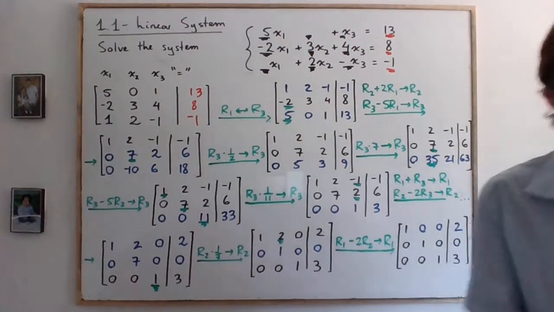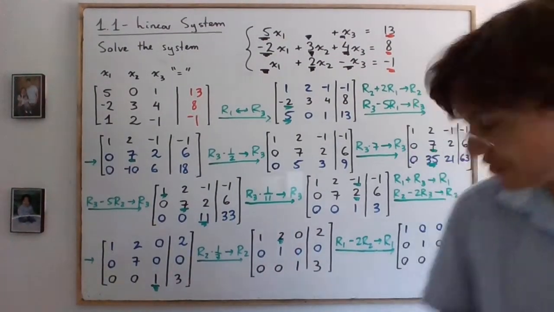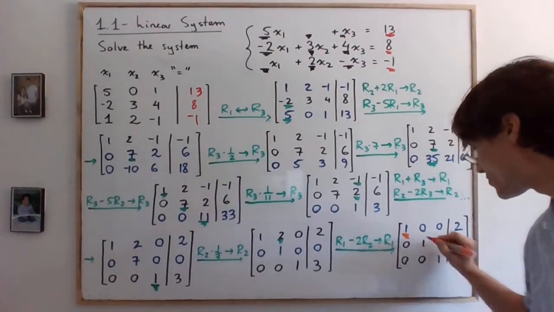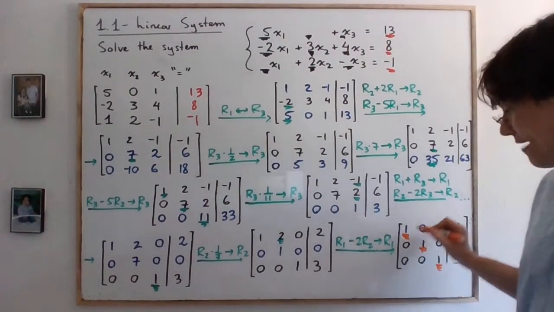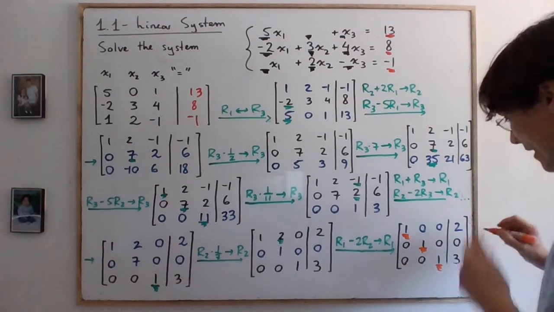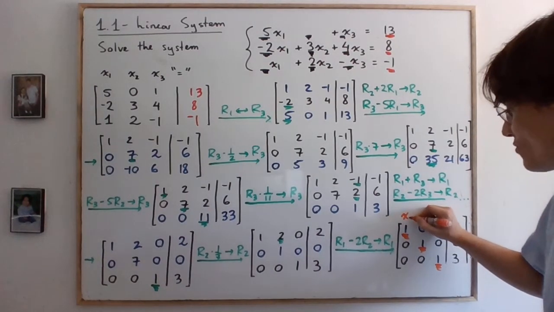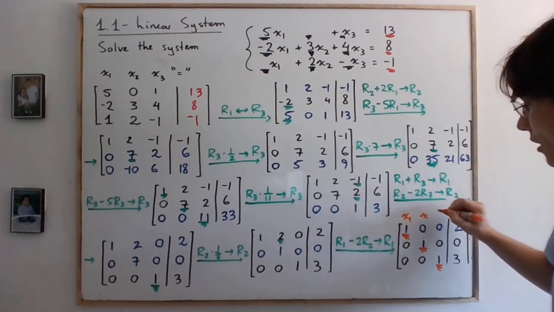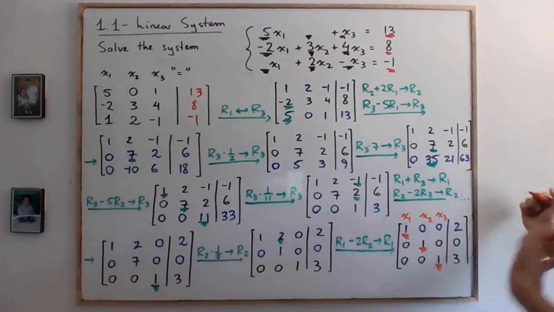All right. Now, this is our diagonal matrix. Let's use a new color. Let's use orange. So look, we have 1s here, and then everything else are zeros, both on the top and on the bottom. And remember that this column is representing x1, this column is representing x2, and this column is representing x3.